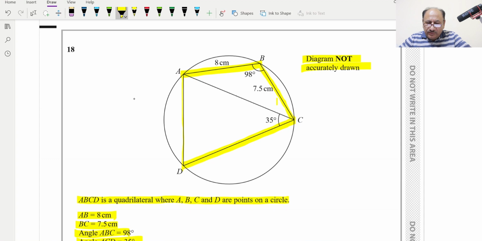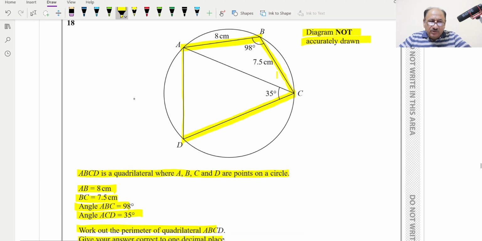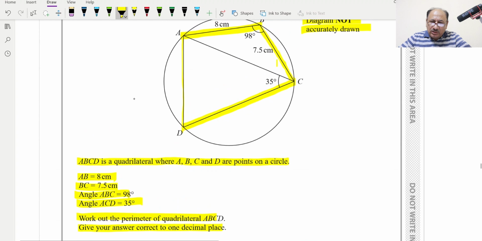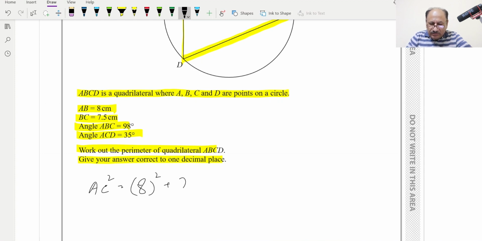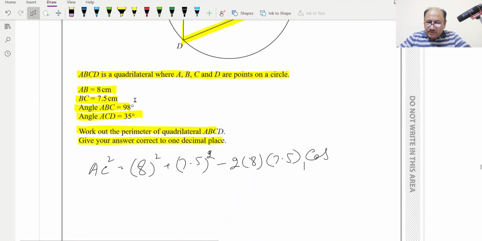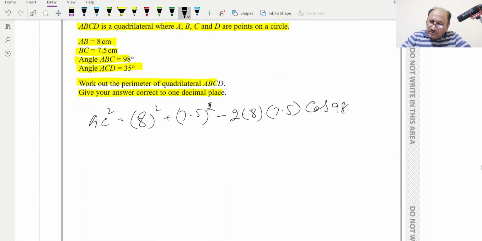So first we will find AC by cosine rule. AC square is equal to one side which is 8 square plus other side which is 7.5 squared minus 2 into one side which is 8 and other side which is 7.5 into cos of the angle, which is 98 degrees.